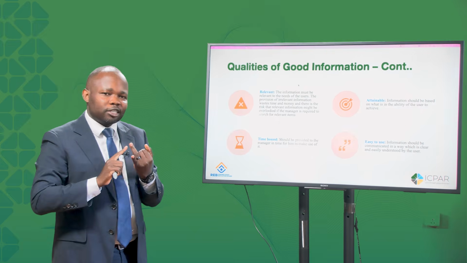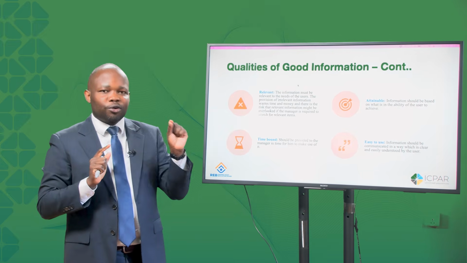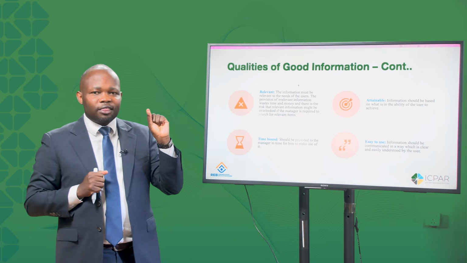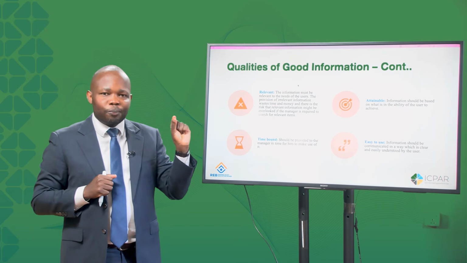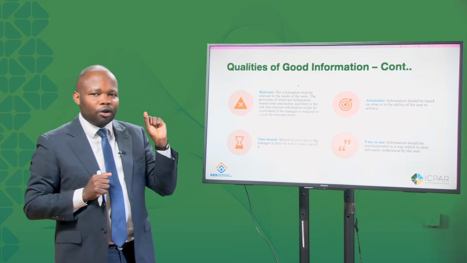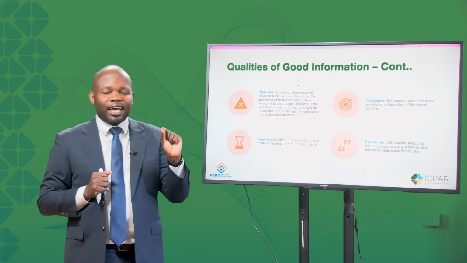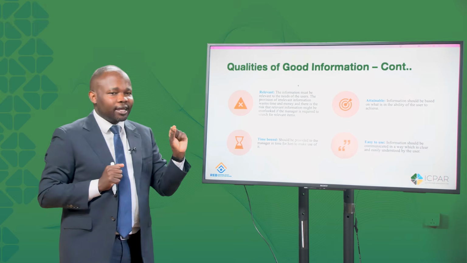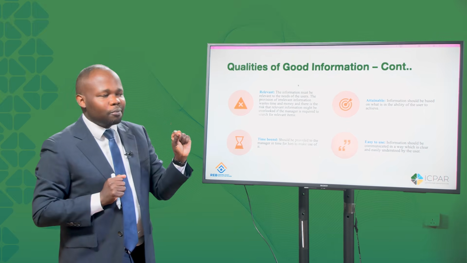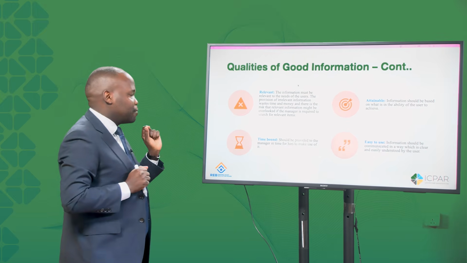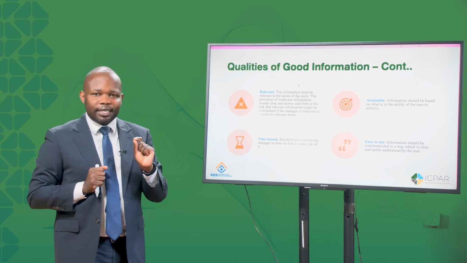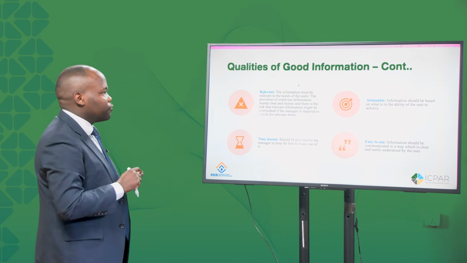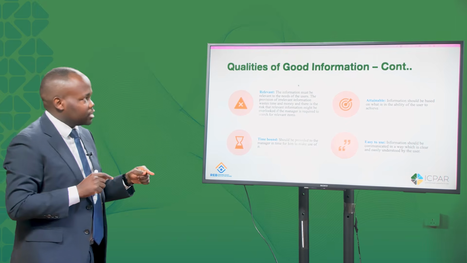The acronym is ACCURATE, where A stands for accurate, the first C stands for complete, the second C stands for cost effective, U stands for understandable, R stands for relevant, A stands for attainable, T stands for time-bound, and E stands for easy to use. So information should be accurate.